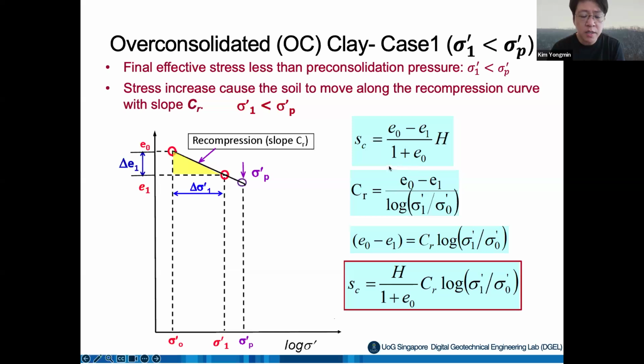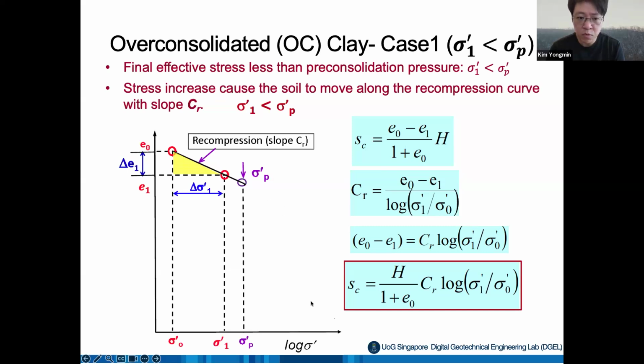What is the OC clay? My pre-consolidation pressure is the maximum. My initial one is less than my pre-consolidation pressure. My final effective stress is also smaller than the pre-consolidation pressure.